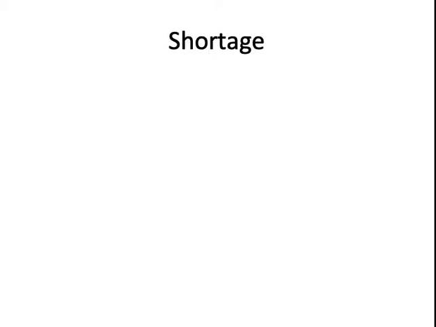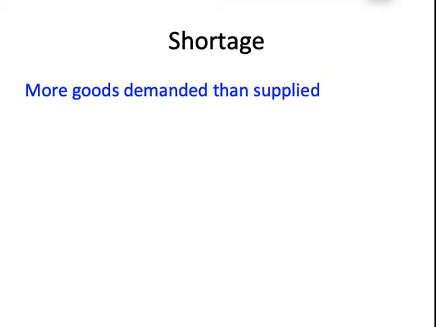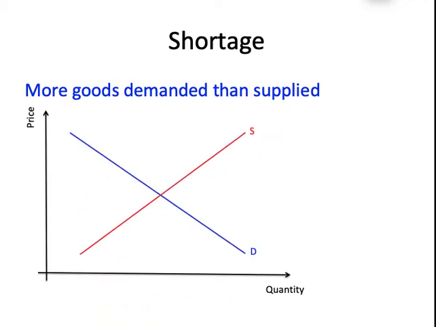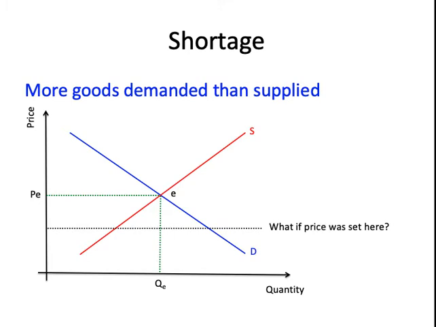The next component is shortage. So shortage talks about a situation where there are more goods demanded than supplied. So let's go back to our original baseline scenario. We have an equilibrium price, an equilibrium quantity. If free markets were left to go as they would, we would end up at this point where we're at equilibrium consensus of price and quantity. However, if prices are low, so for some artificial reason prices are set to this amount, then it intersects with our supply curve here.